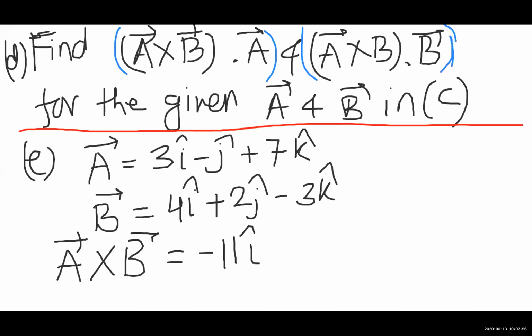Minus 11 i cap. Then what will come? Yes, absolutely right. Plus 37 j cap plus 10 k cap.